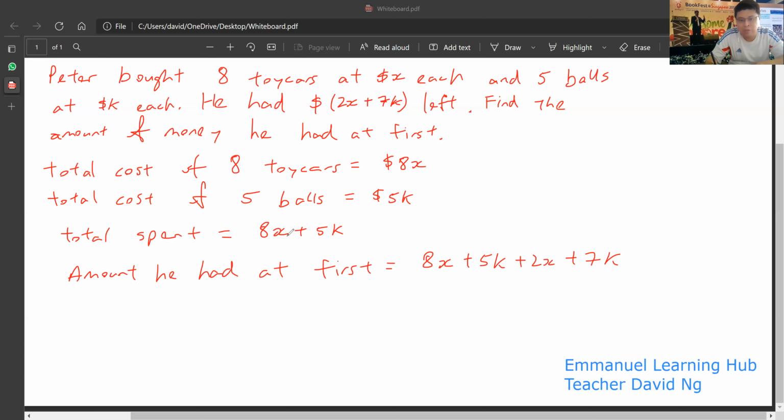Okay, 8x plus 5k is amount spent, plus amount left. 10x plus 12k. Simplify all.